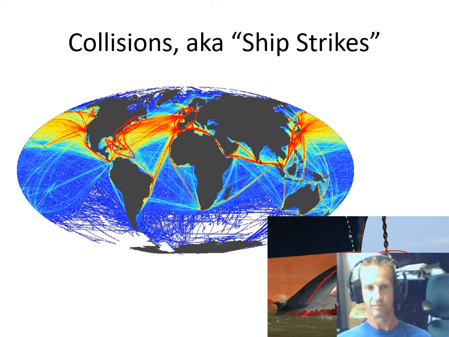So this is a problem that could potentially be reduced by policies and technologies that reroute ships or change the speeds of ships in areas where ship strikes are likely.